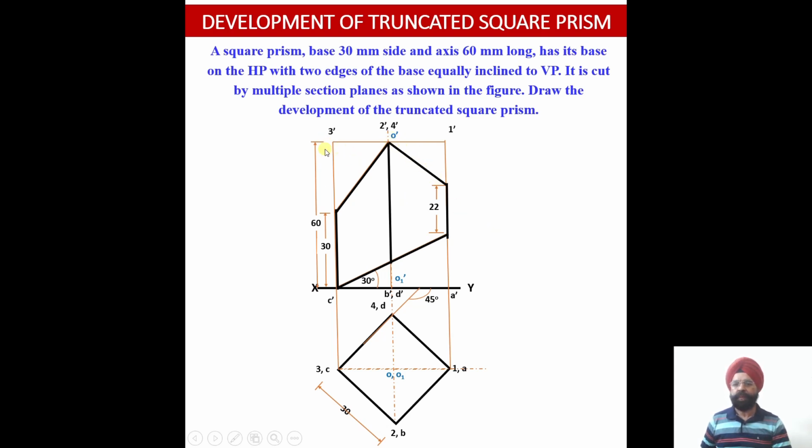Whereas this portion of the cutting plane, you can draw otherwise also, because the starting point is 30 millimeter from the base on the left hand side corner. So from this point you can join the top point of the axis. So the first portion of the cutting plane can be drawn over here, right?